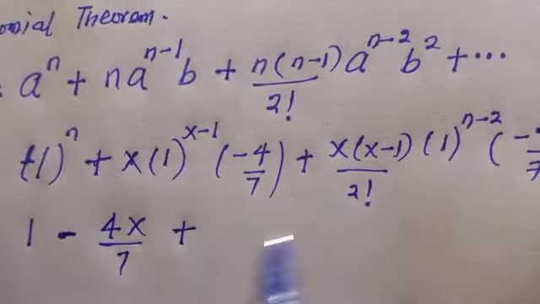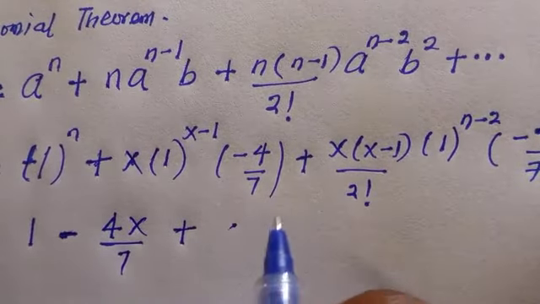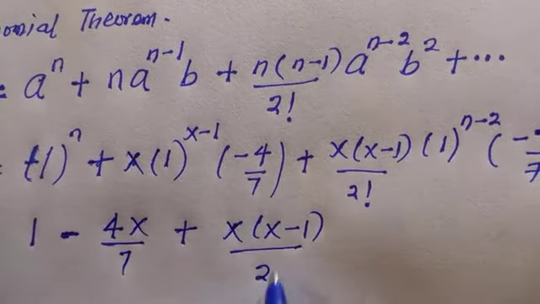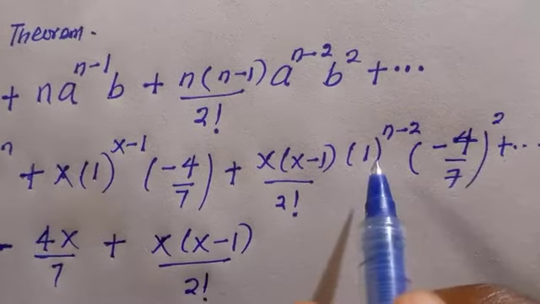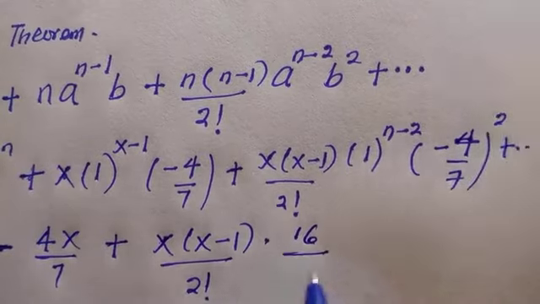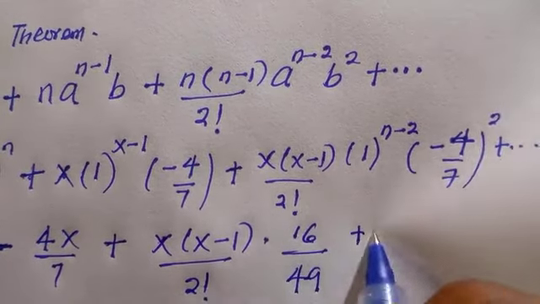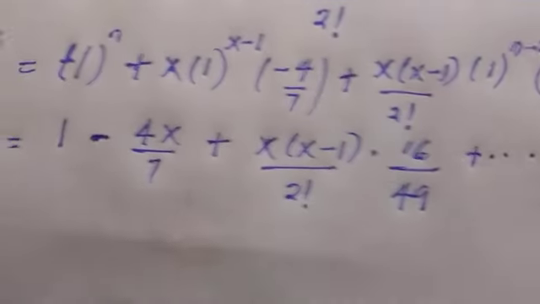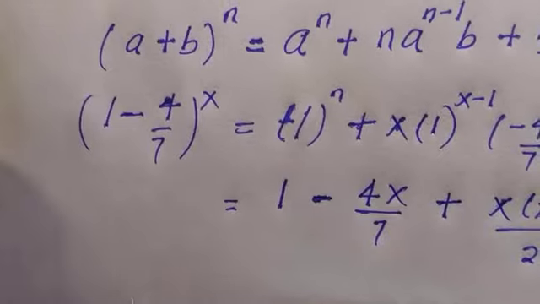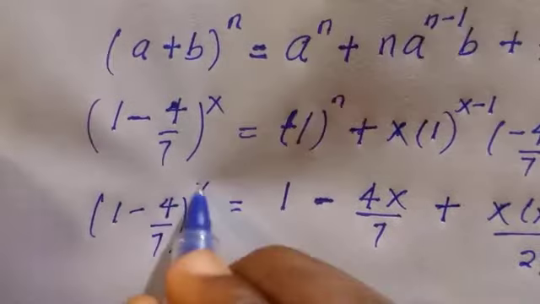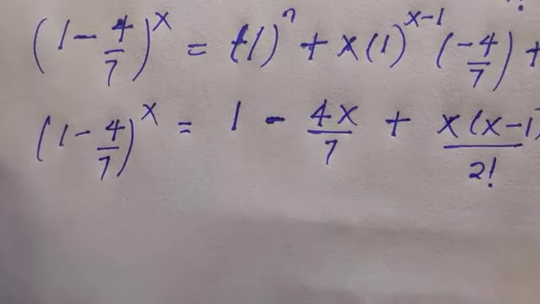The next term is plus x(x minus 1) divided by 2 factorial, and 1 raised to the power of n minus 2 is still 1, and the square of minus 4 over 7 is 16 divided by 49, plus dot dot dot. On getting this, we have the third term, and I'm going to truncate this to the first two terms in the expansion.